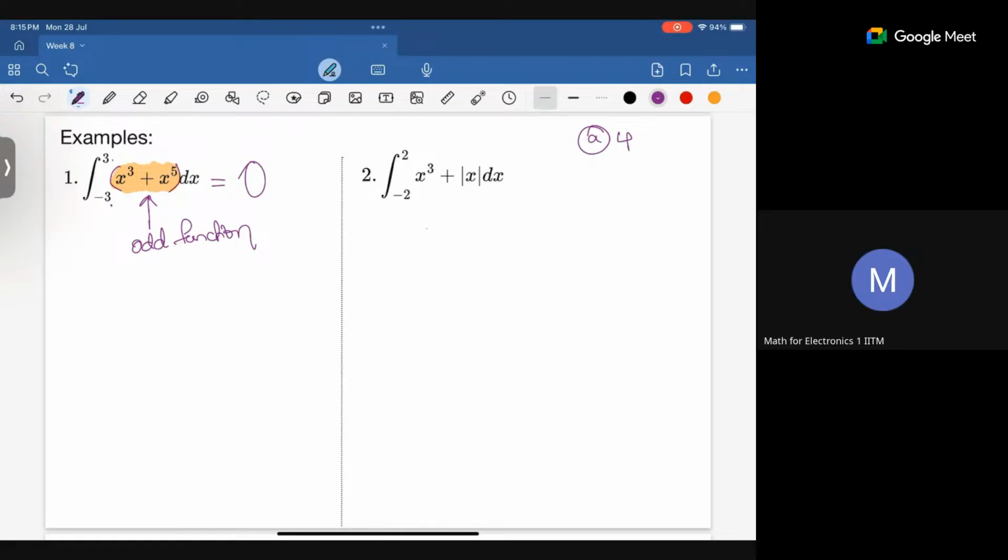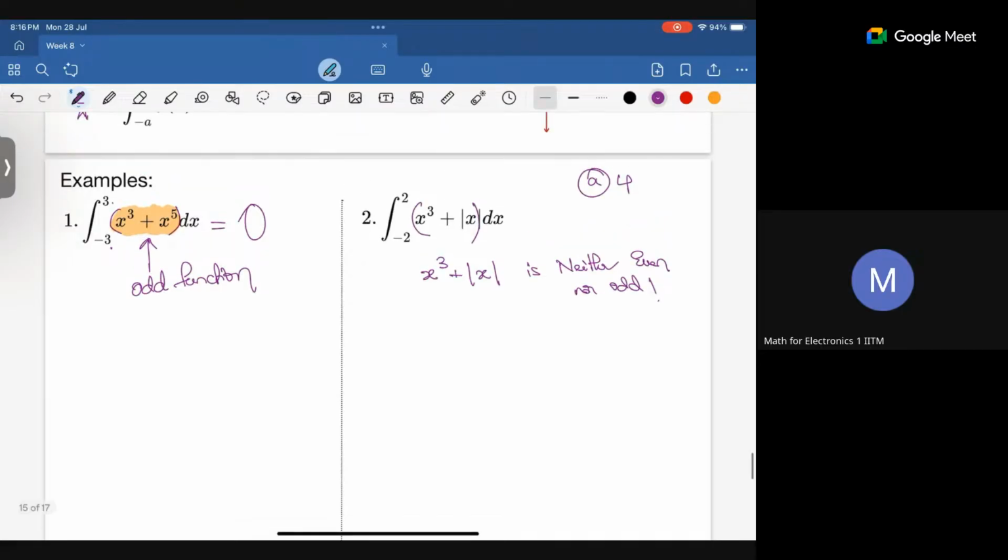If you look at this combinedly, x cube plus mod x is neither even nor odd. But what we can do, as we have discussed, is that it is a sum of two functions. x cube is one function, mod x is another.